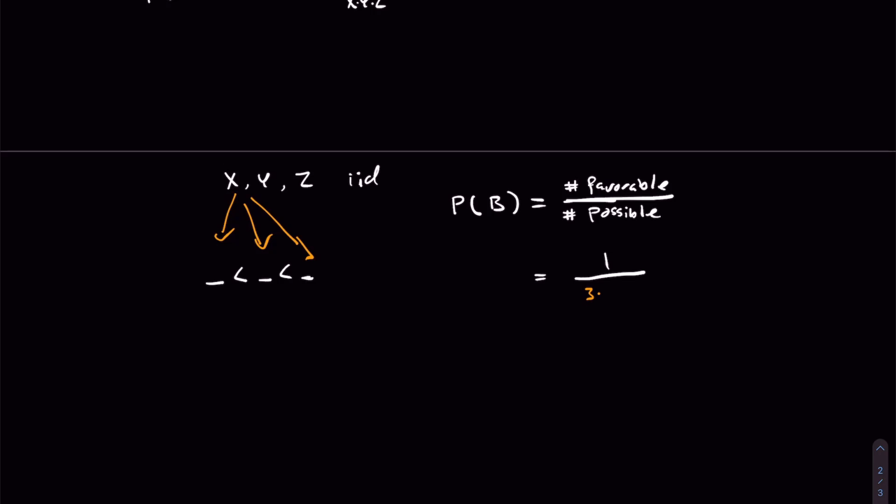Then Y can take any of the remaining positions, so it will always be 2, and Z will take the remaining position. So now we see that this is just 1 over 3 factorial, and that is 1/6.